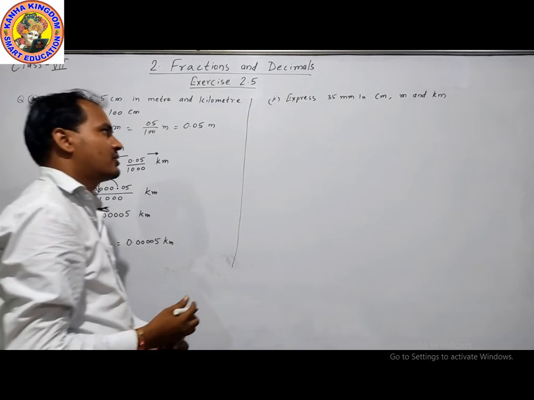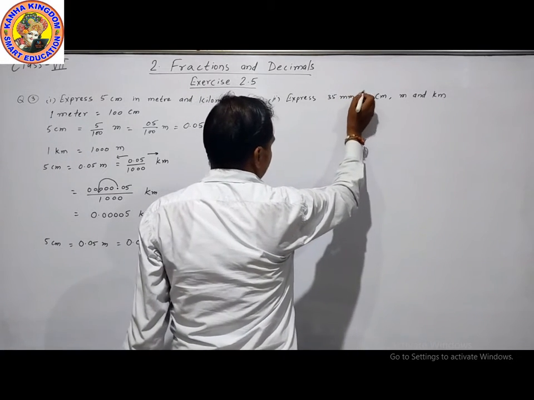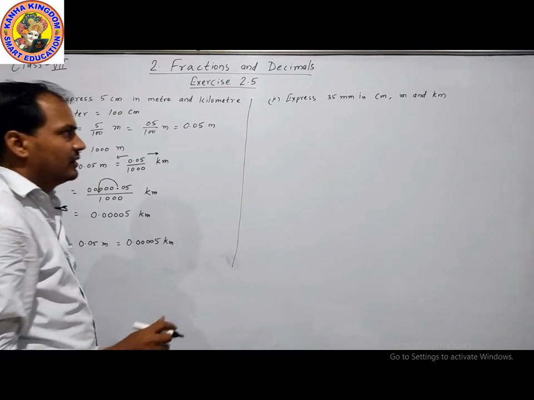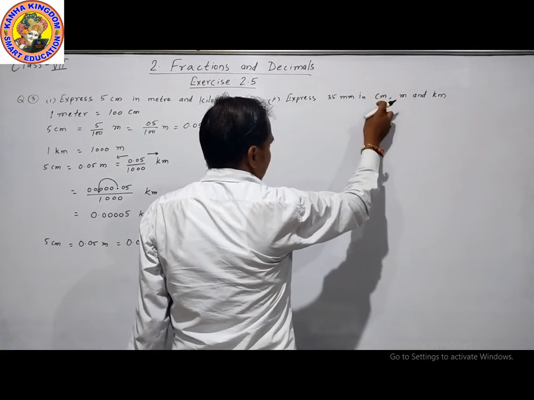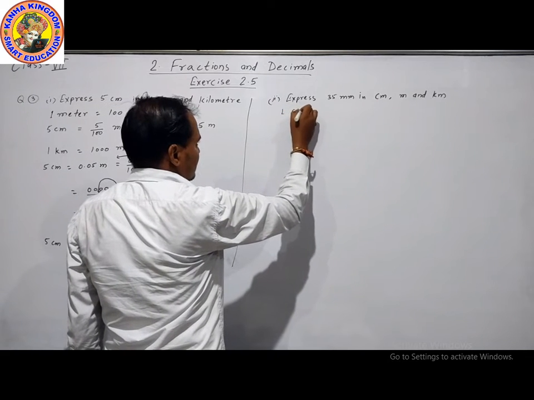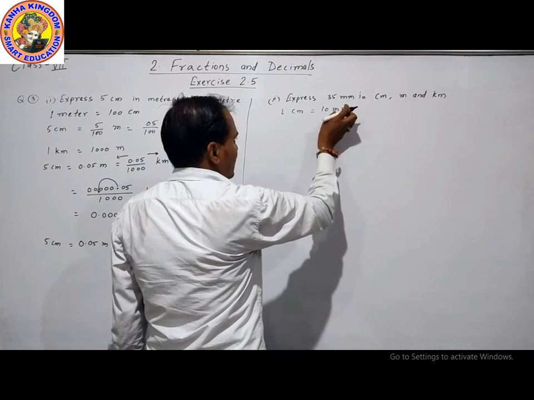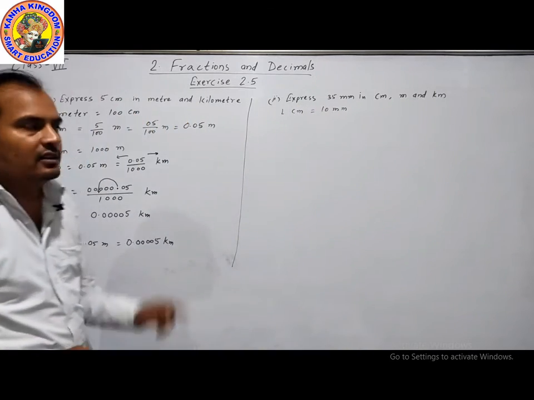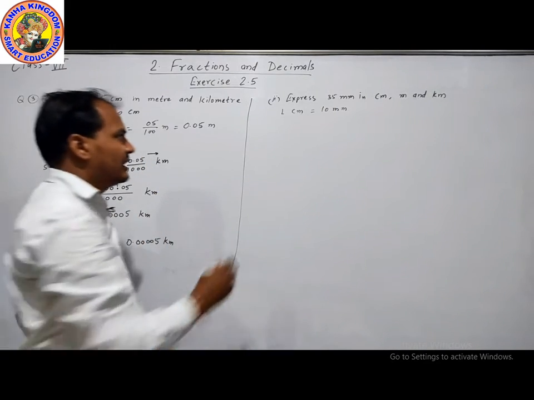Now in the next question, 35 mm in centimeter, meter and kilometer. Now the relation between millimeter and centimeter. We know that 1 centimeter is equal to 10 mm. So mm will be converted into centimeter by dividing by 10.